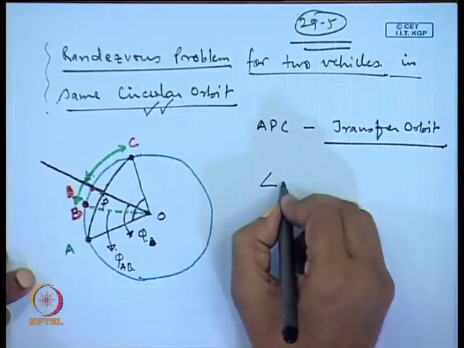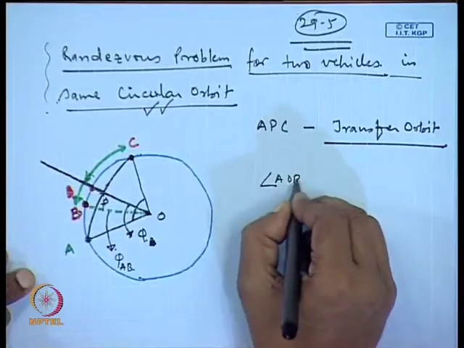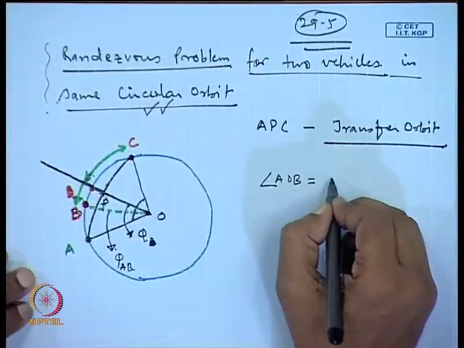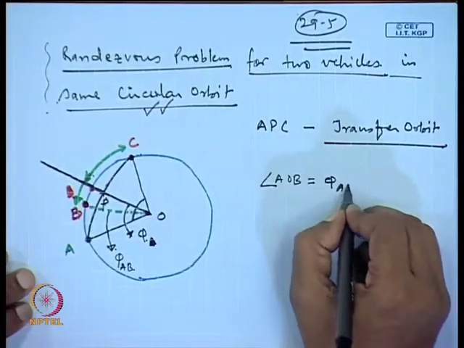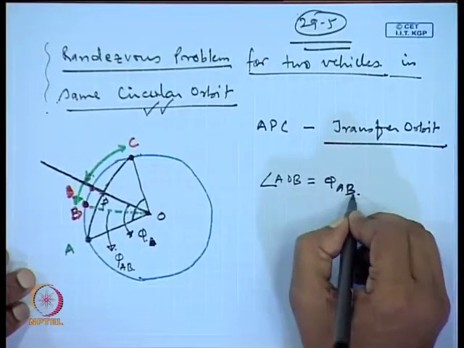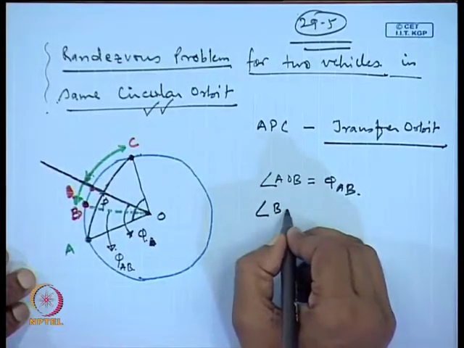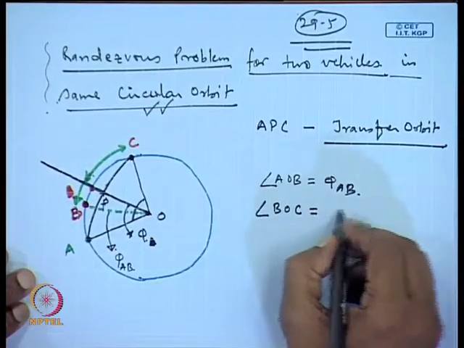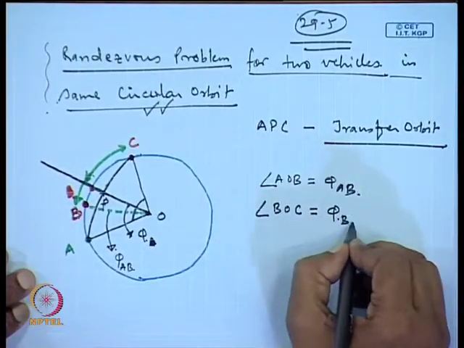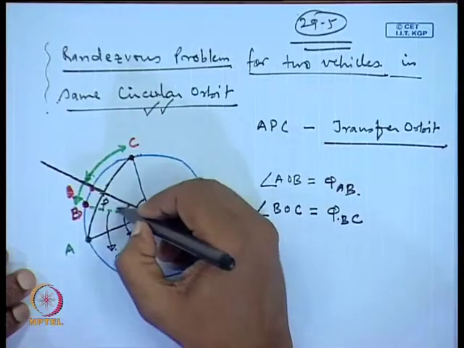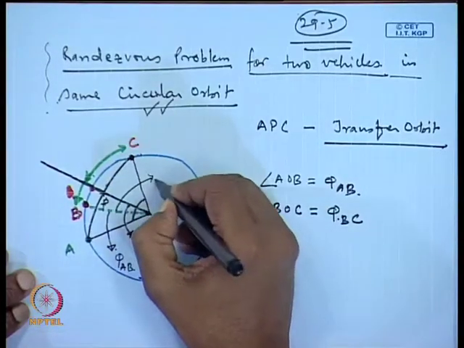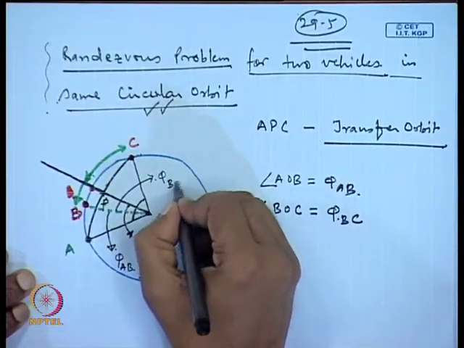So, angle AOB is your phi AB, and angle BOC we will write as phi BC. So, angle BOC means the angle from here to here. So, this is your phi BC.